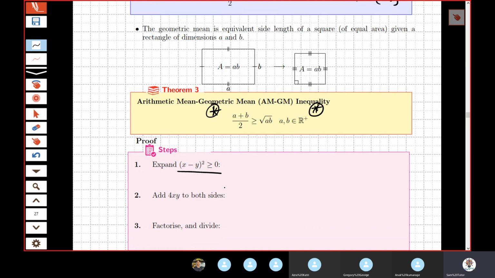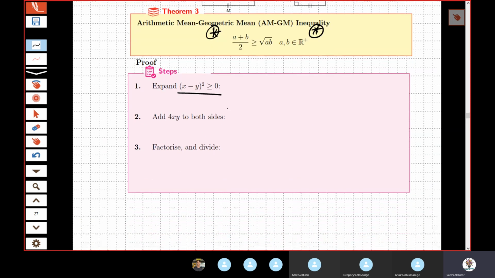So let's do this. X minus y all squared is greater than or equal to 0, right? From that, we expand and we can conclude this: x squared minus 2xy plus y squared is greater than or equal to 0. From that, if I add 2xy to the right-hand side, I end up with this result.